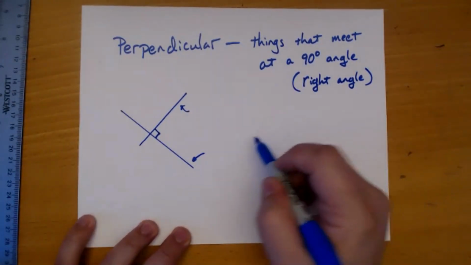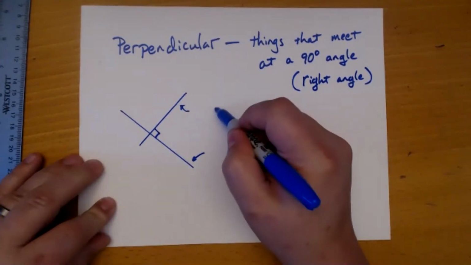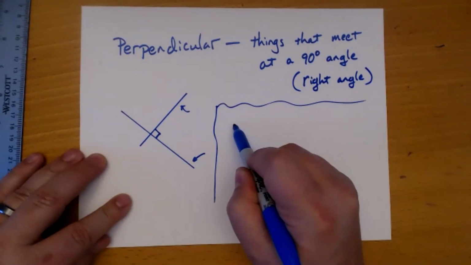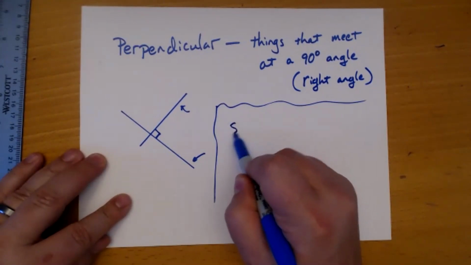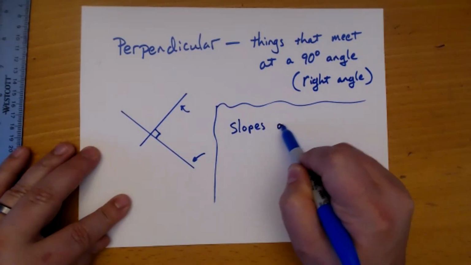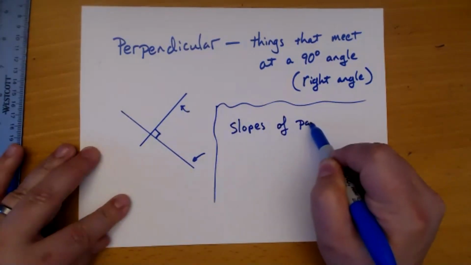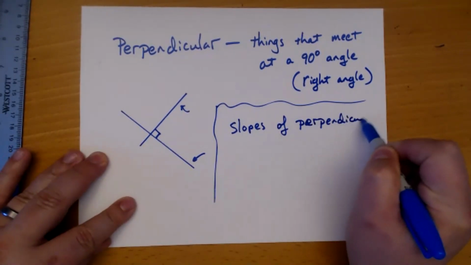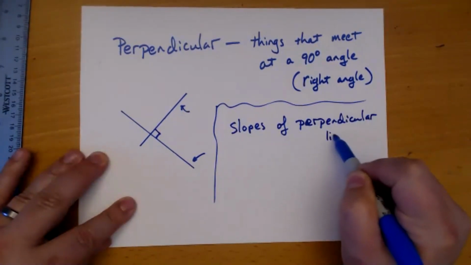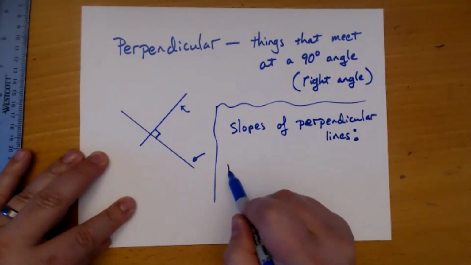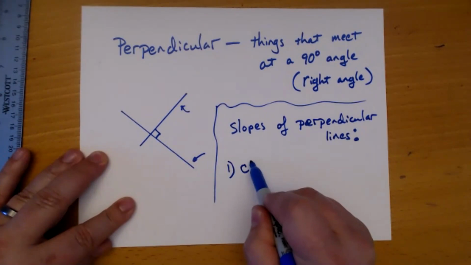And in fact, here's the big takeaway message that I want you to know. For perpendicular, one, you change the sign.